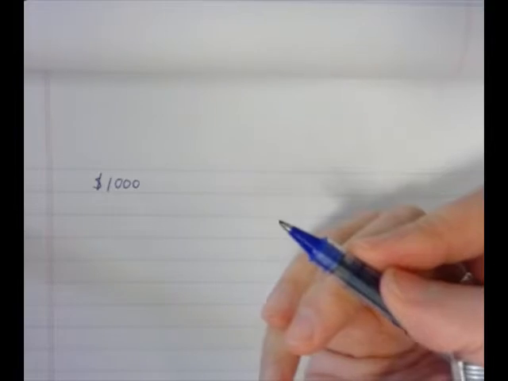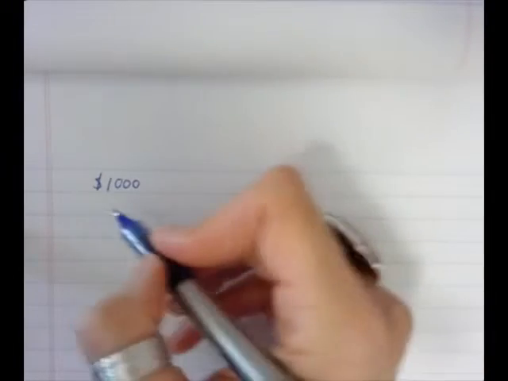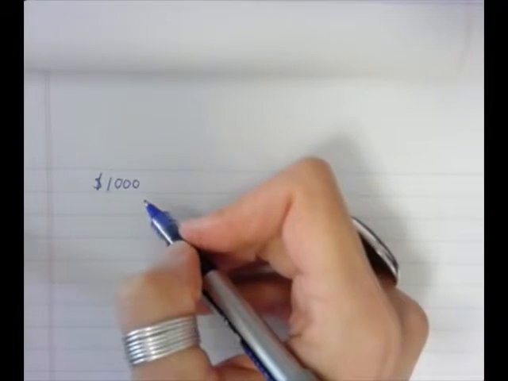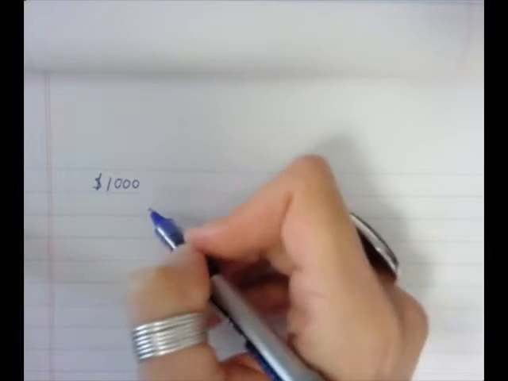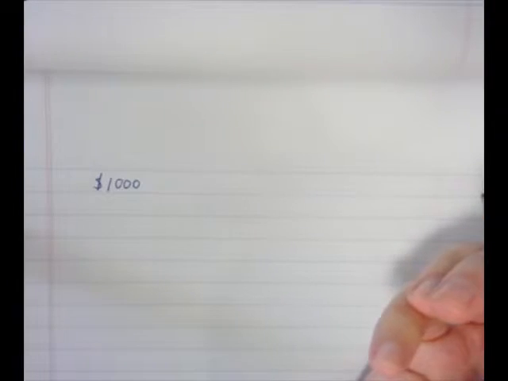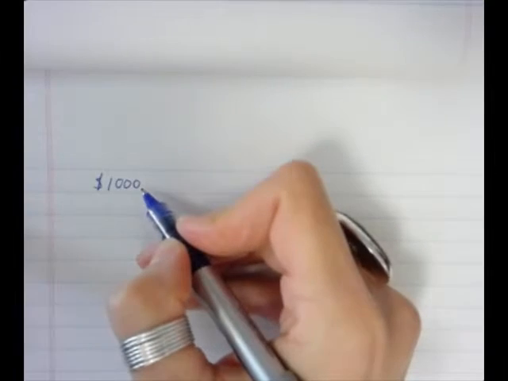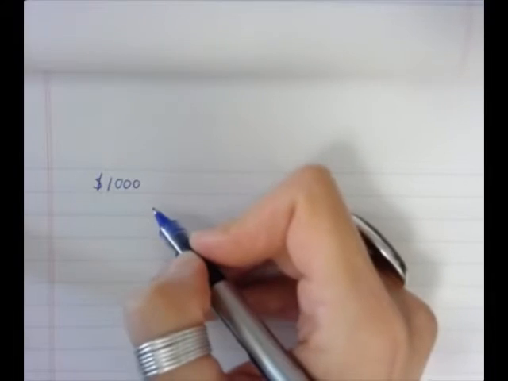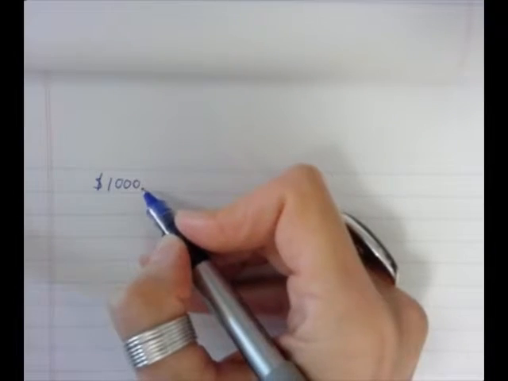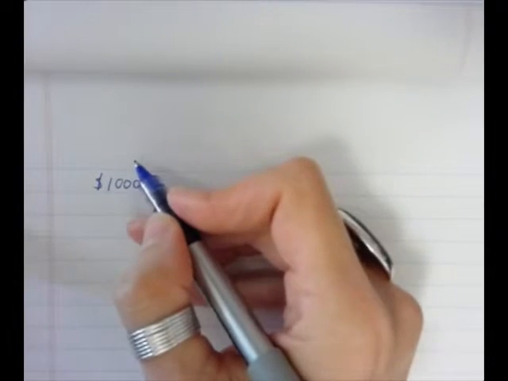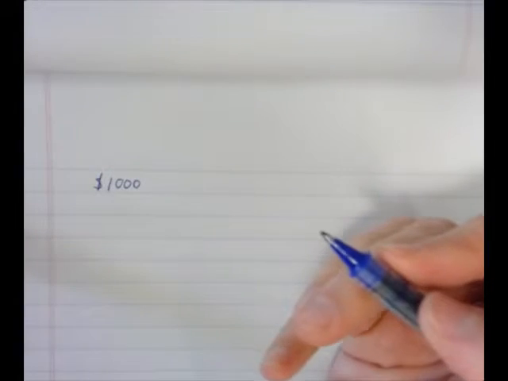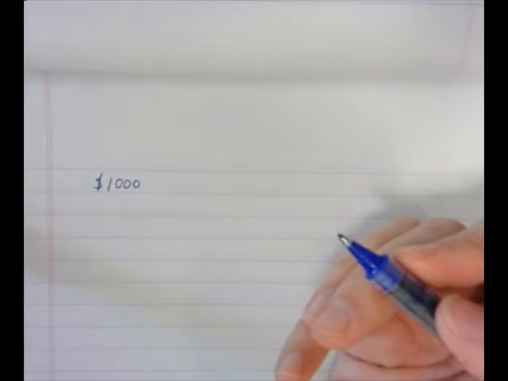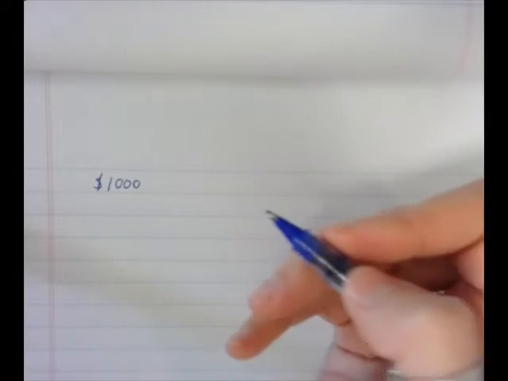Compound interest means this money is making money every single day. So even if I make 3 cents on this each day, compounding means I'm going to make money off of my interest, which means it's going to be an exponential equation, something that grows bigger than if it was just a linear equation.